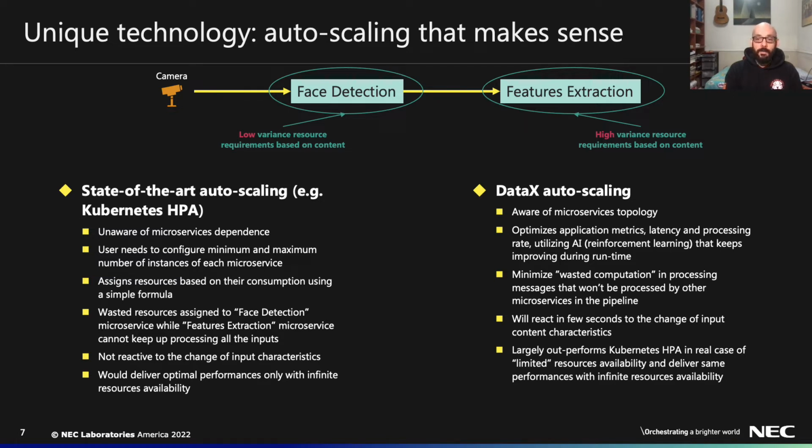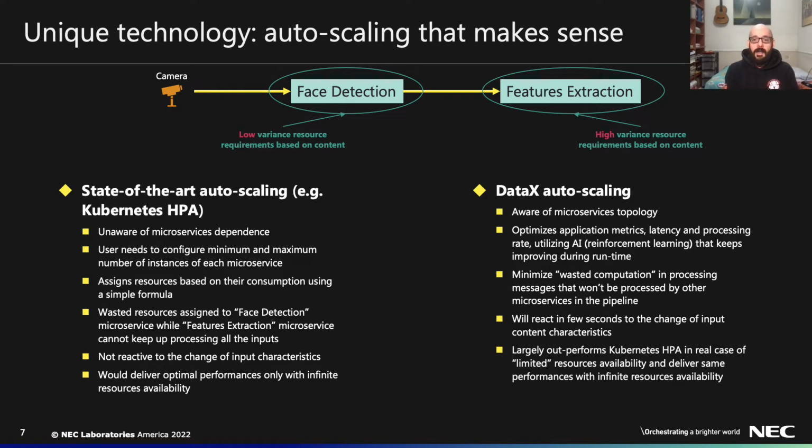Moreover, the scaling is always driven by resource consumption, and for example, they tend to assign more resources to microservices that use more resources. This approach would work if we had an infinite amount of resources available. But we observe that in practical systems it ends up wasting computation by assigning more resources to face detection, while feature extraction cannot keep up processing the input.